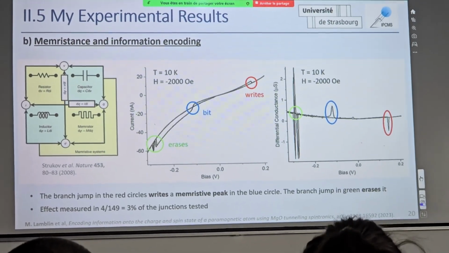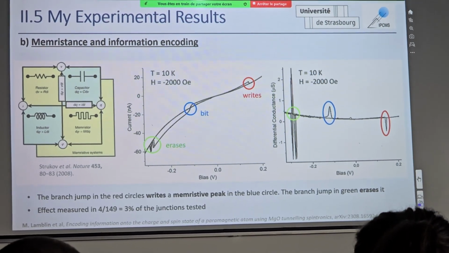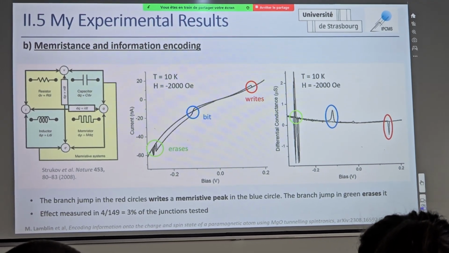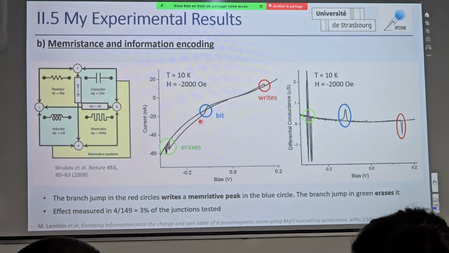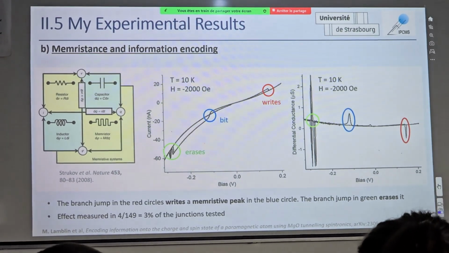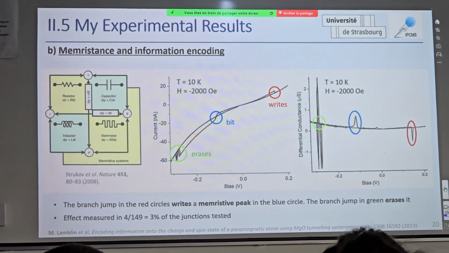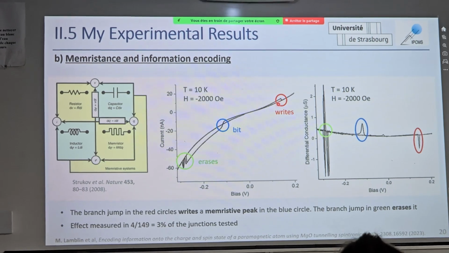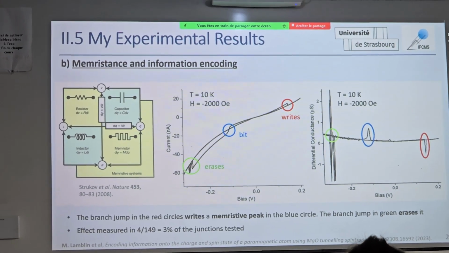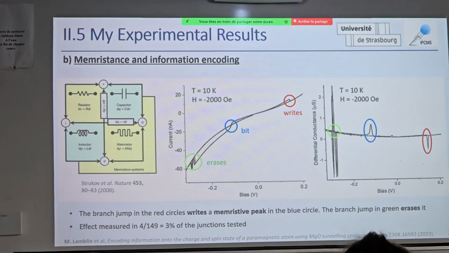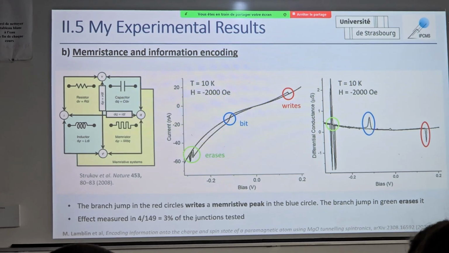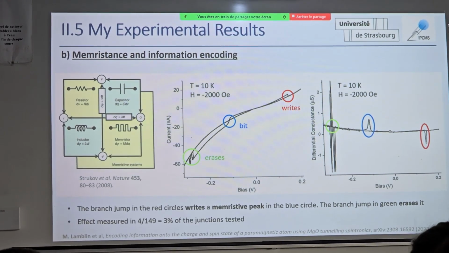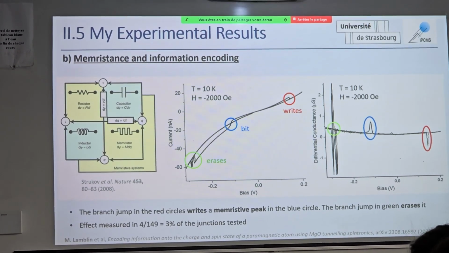So the first effect I observed is a memristive effect. Some of the junctions displayed two different intensity branches that could be switched on and off by applying a positive or a negative voltage. What was interesting about them is that one of the branches featured a conductance peak that could be used to encode a bit of information.